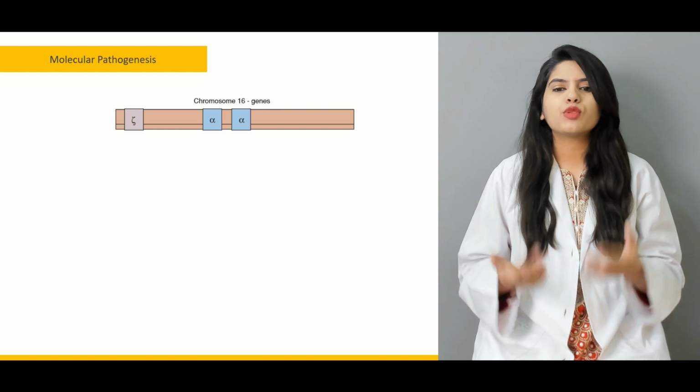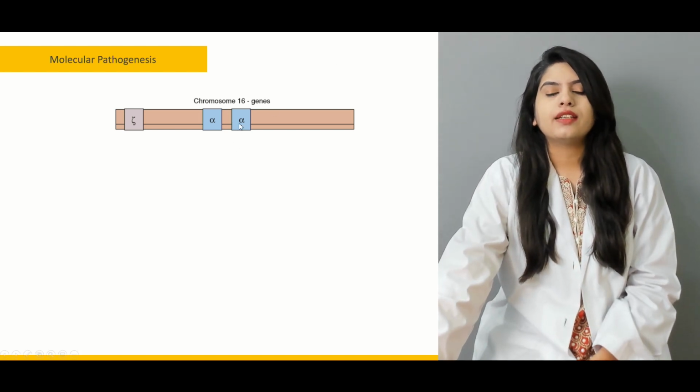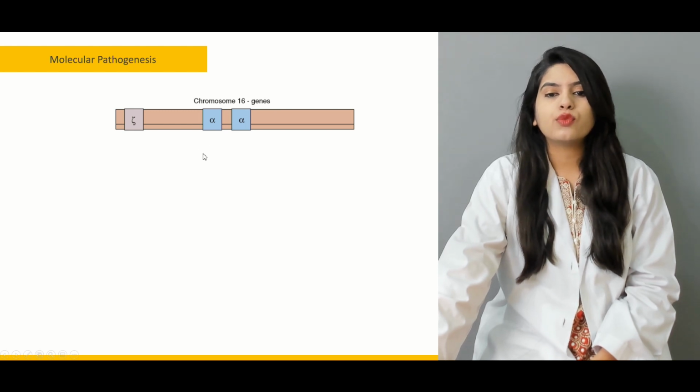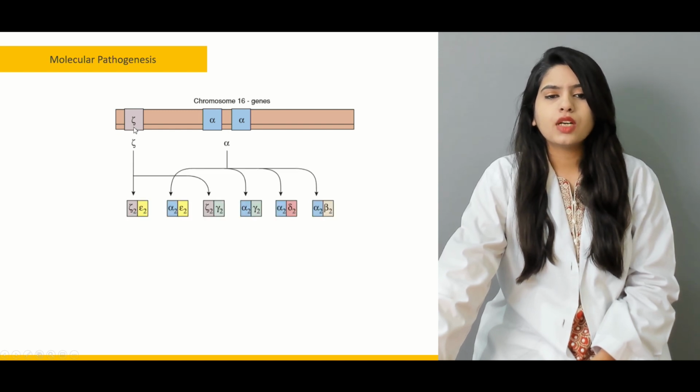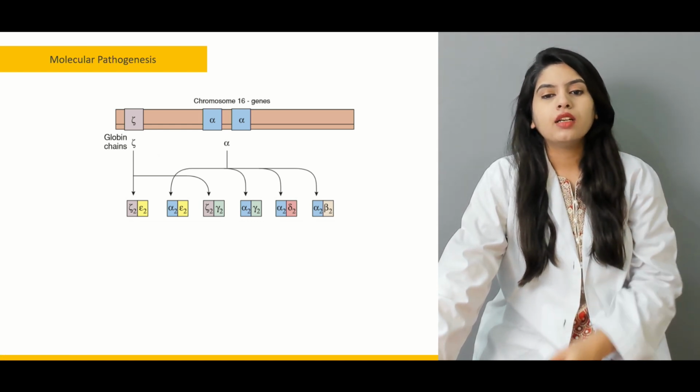Like on chromosome 16, there are genes that encode for the alpha chains, and genes that encode for the zeta chains. Now these are the globin chains. You know that these are the globin chains: alpha, beta, gamma, zeta, and delta.